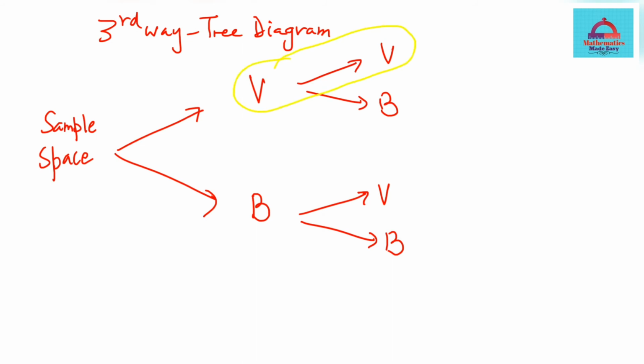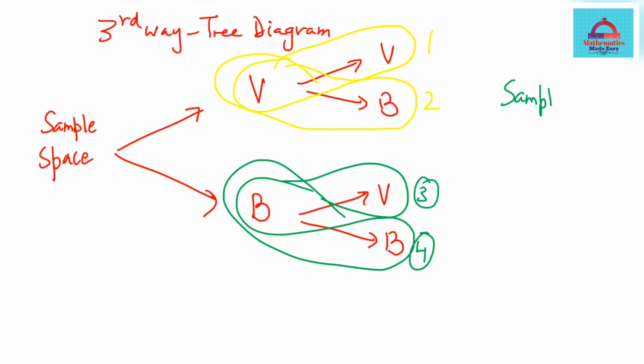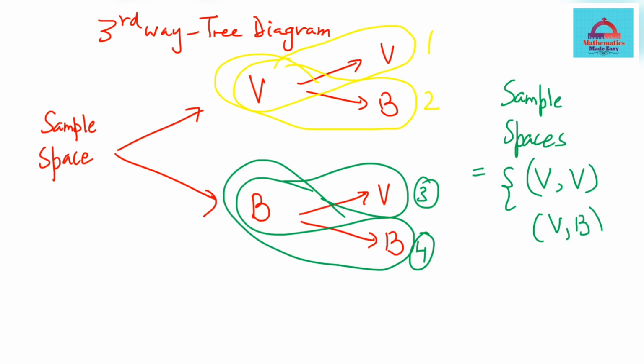The first outcome will be VV, then VB, 1, 2, and if you want to change your color, third option and fourth option. So to summarize, the total sample space will have 4 possible outcomes, which will be V V, V B, B V, and B B. So same sample space, just a different way of writing the sample space.